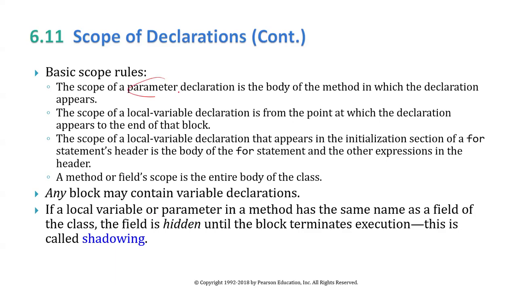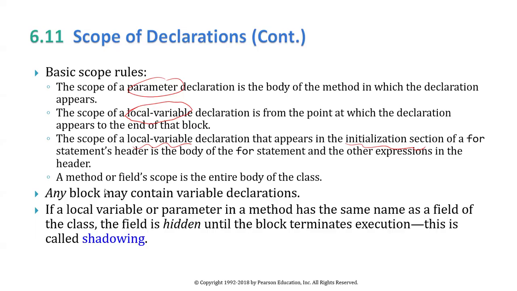This is for the parameter, and this is for the local variable. Also, the scope of a local variable declaration that appears in the initialization section of a for statement header is the body of the for statement and the other expressions in the header. You will have a question on the scope of declarations in the exam too, but it's okay. I don't think it's difficult. It's quite obvious.